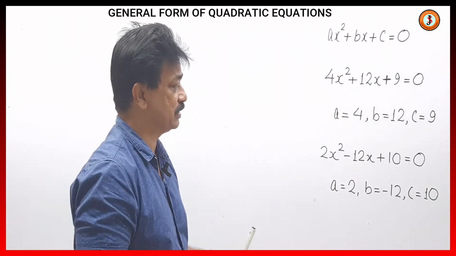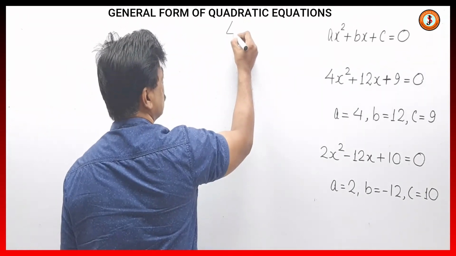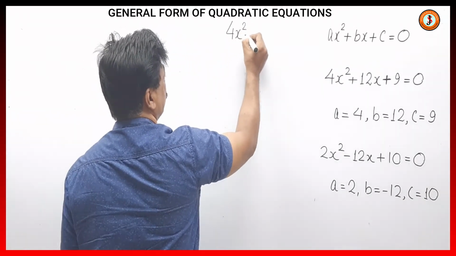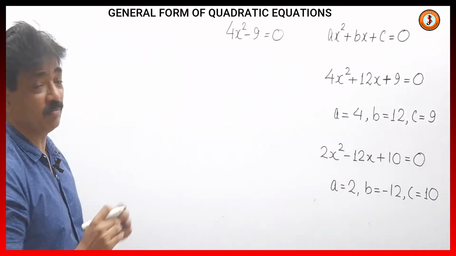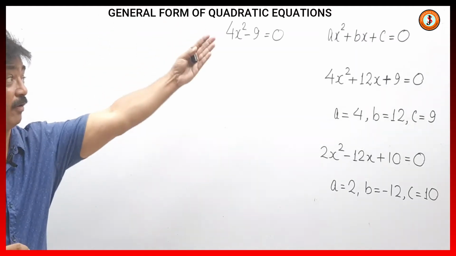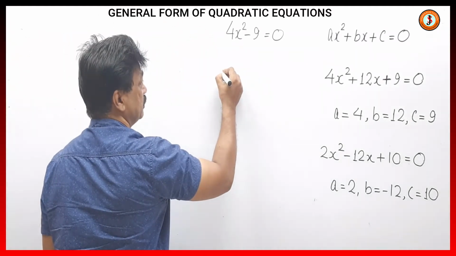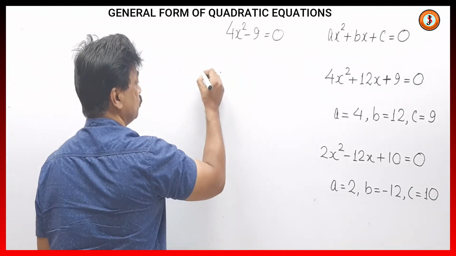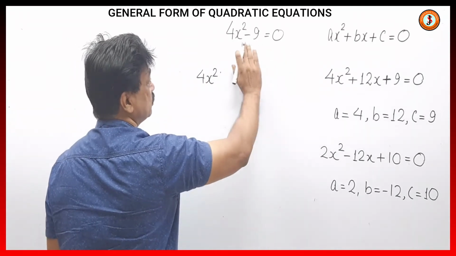Maybe in some cases we have, say for example, an equation like this: 4x square minus 9 is equal to 0. Now here this can also be represented in the general form of the quadratic equation. What is that? Ax square plus bx plus c. So we already have ax square, but we don't have any x over here.